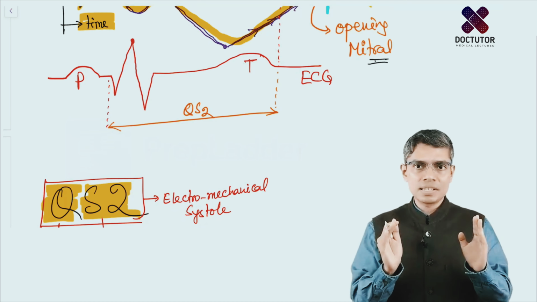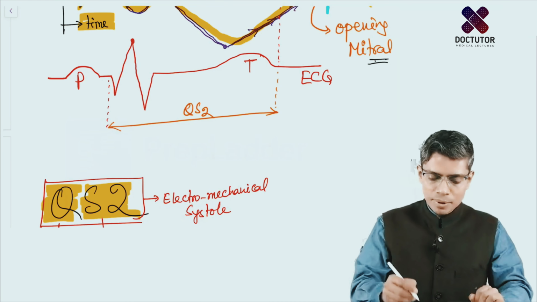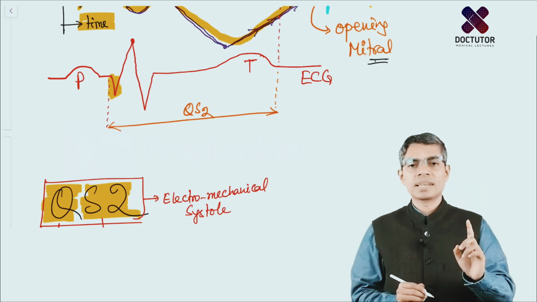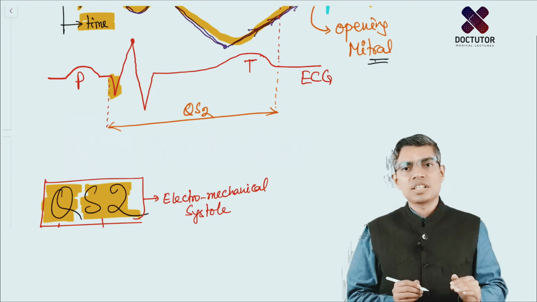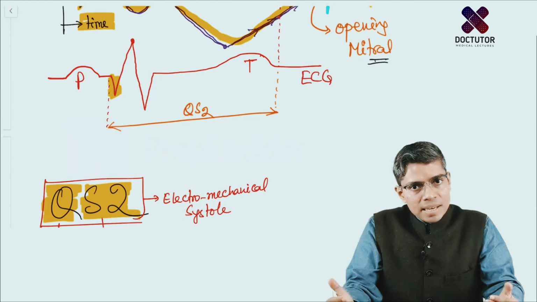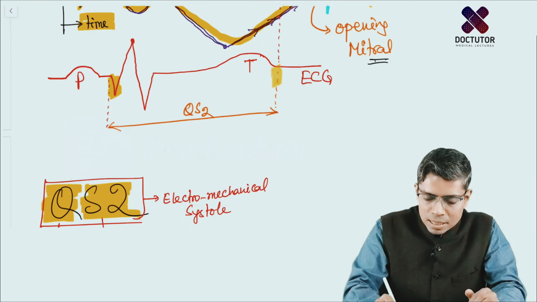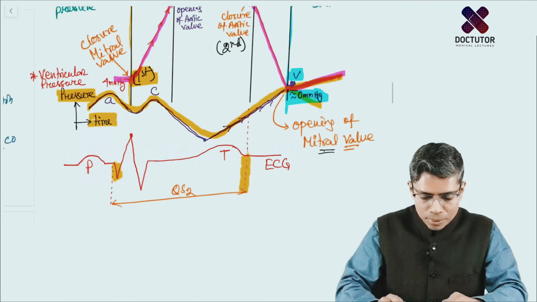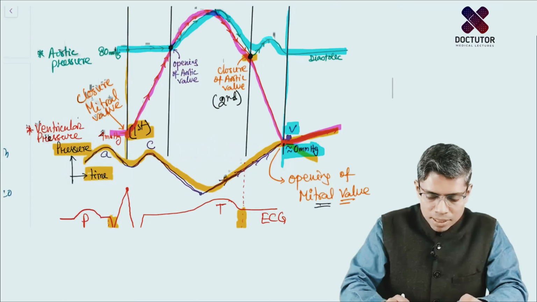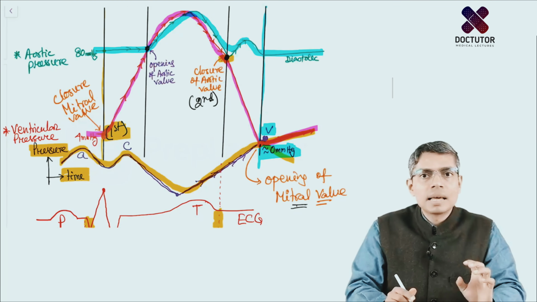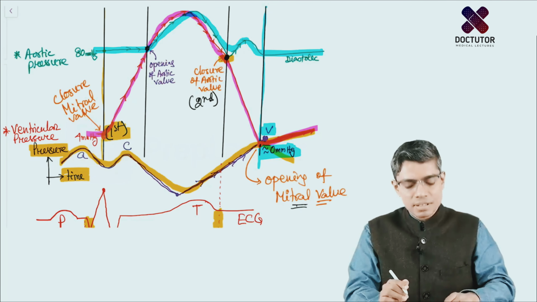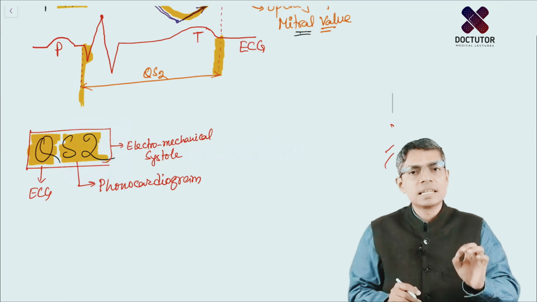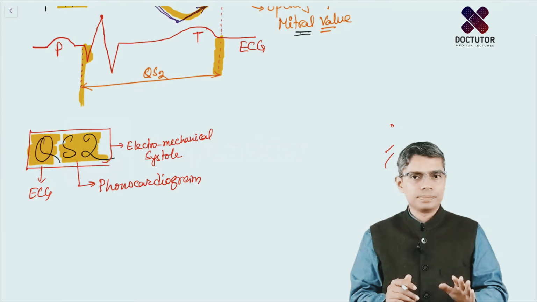Electrical systole means depolarization. Where is the depolarization starting? The Q wave, that's why you are taking the Q wave. And ending of systole means when the semilunar valve is closed, that is the second heart sound, right? So this is the second heart sound point, that is the end of systole, and beginning of electrical systole is the Q wave. That's why this QS2 is taken as the electromechanical systole.